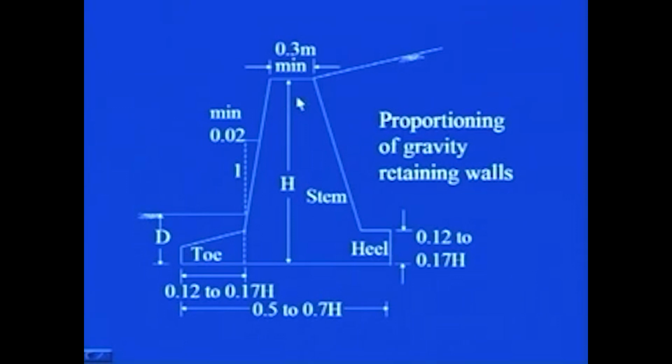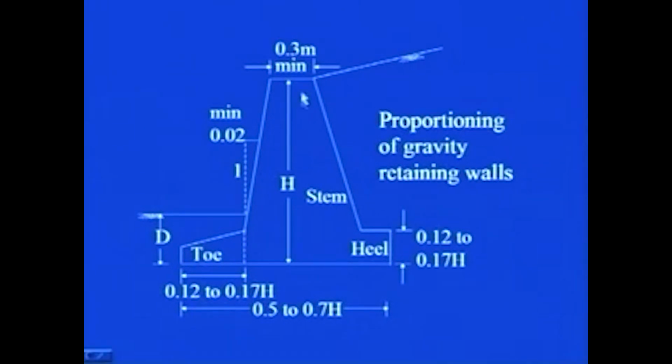Now, usually it has been seen that you keep a minimum of 0.3 meter at the top of the stem, that means you cannot keep it to be 0.15 meter or 0.2 meter. You have to have a minimum stem thickness at the top of the wall as 0.3 meter or 300 millimeter.